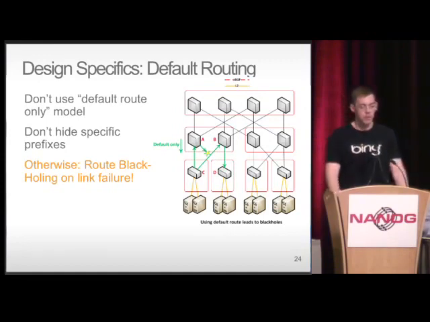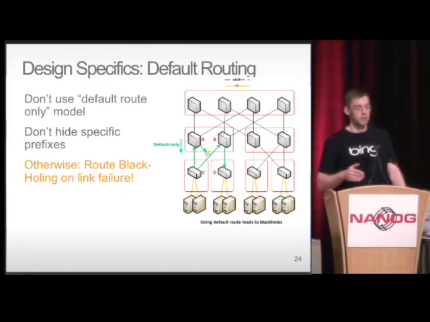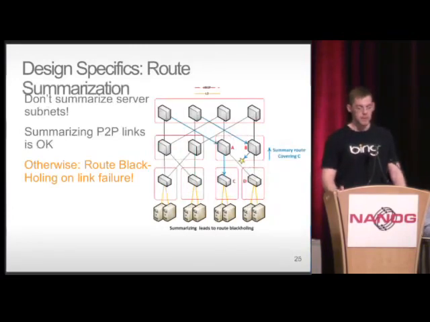So the only way to avoid this is by not using summarization from the upper layers to the bottom layers. The same problem applies when you try to summarize server subnets. Let's say you pick leaf switches A and B and summarize the subnets on C and D into one range. Once again, this creates a black hole scenario where switch B may lose connection to switch C, but still advertise the summary range.